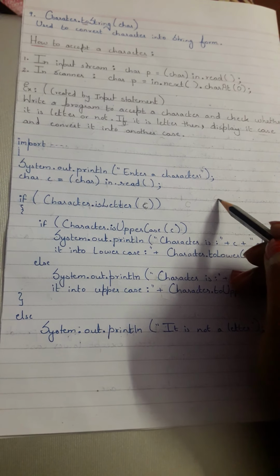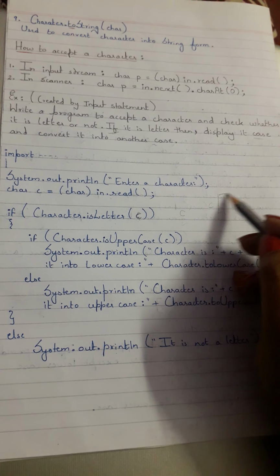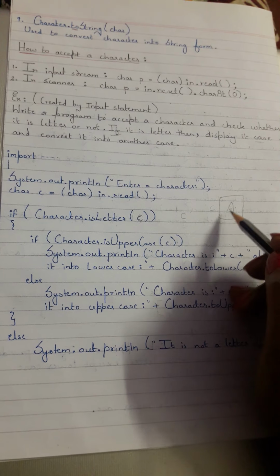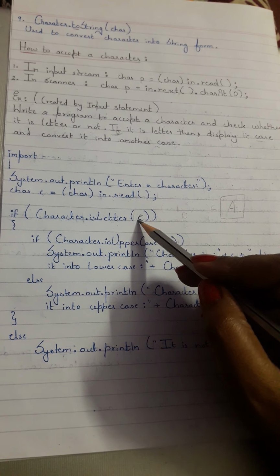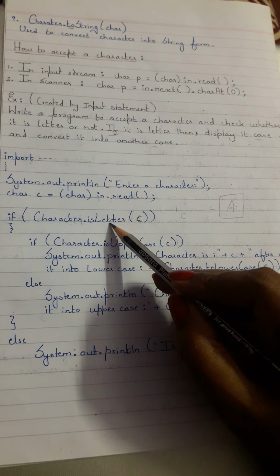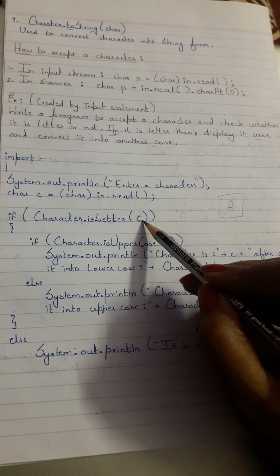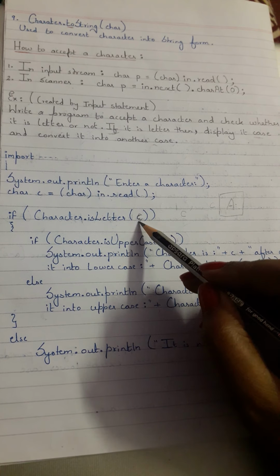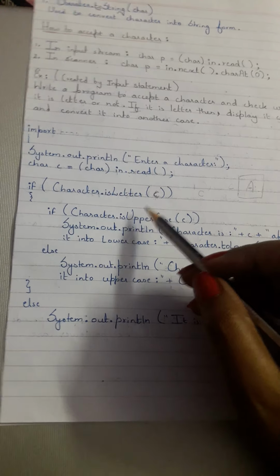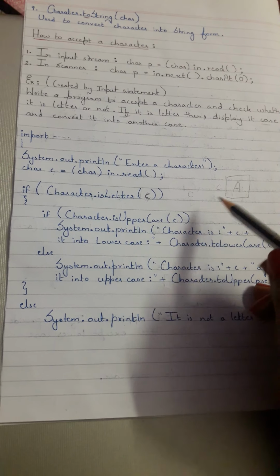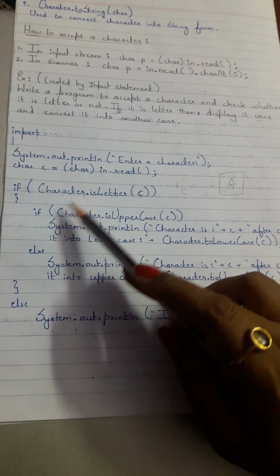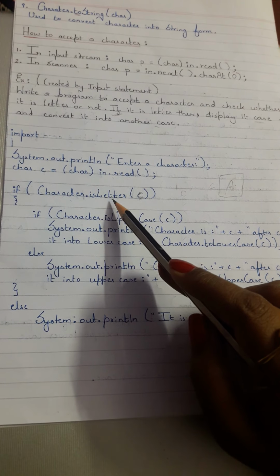Maybe the c variable contains capital A, so this A is going to be checked whether it is a letter or not. If I write single quote c, the function checks whether c is a letter. In our case A is a letter, so the if runs because this condition provides true.